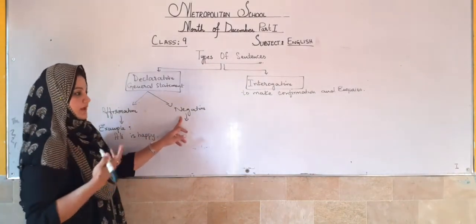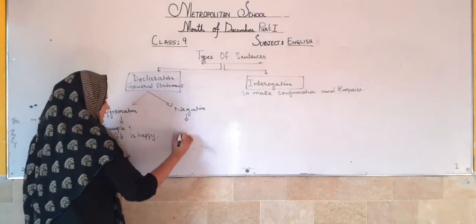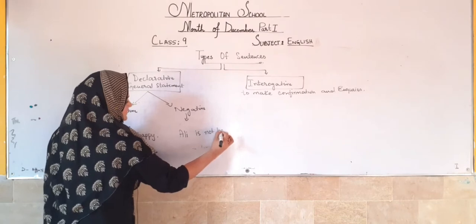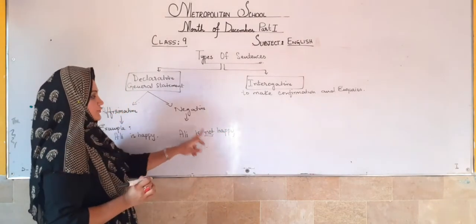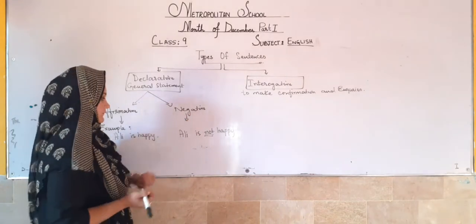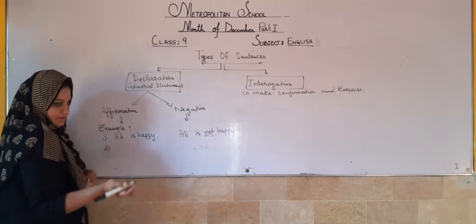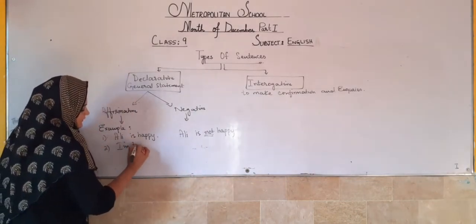There is no question, there is no confirmation, and there is no inquiry. And if you talk about negative, I am going to change the sentence into negative. Ali is not happy. I have added not here to change it into negative. I am going to take one more example for you. I am tired.